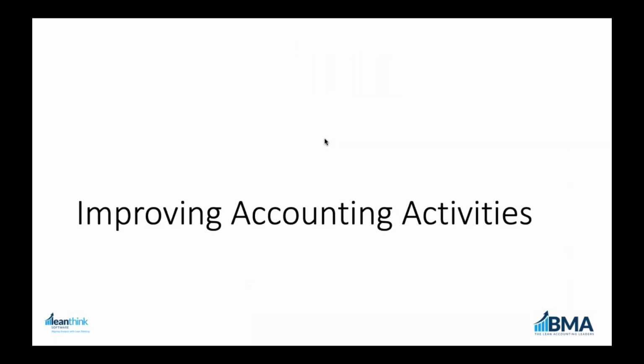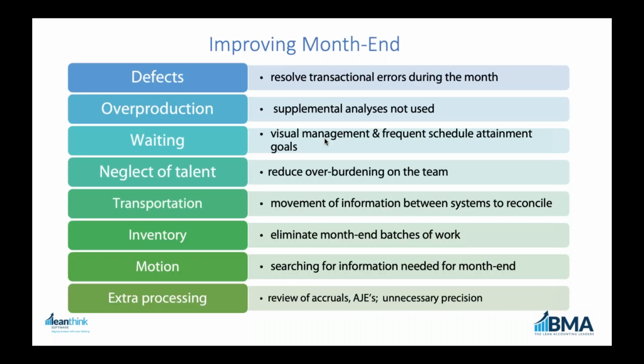All right, Mike, you can take this part. I will. We have to go back to that last slide though, and just emphasize one thing that you mentioned, because this happens not just in month end close, but in a lot of our work in accounting and finance: this idea of unnecessary precision.